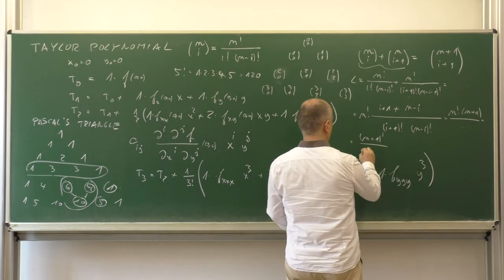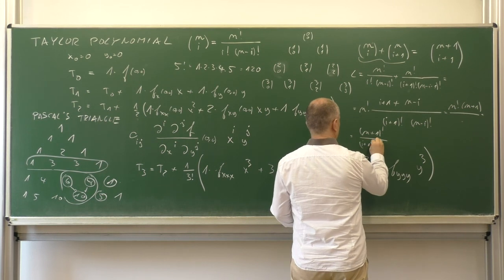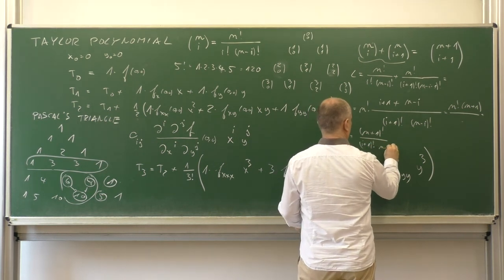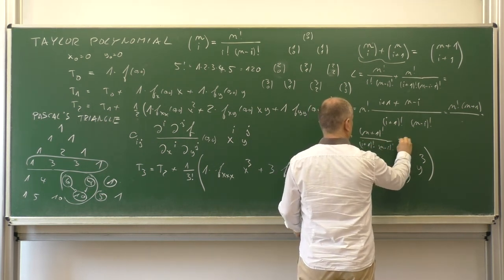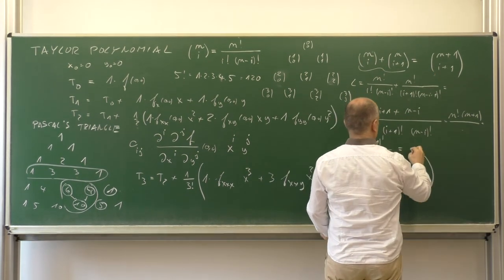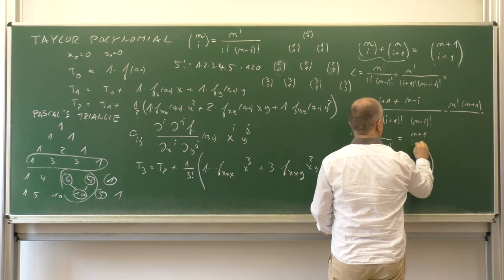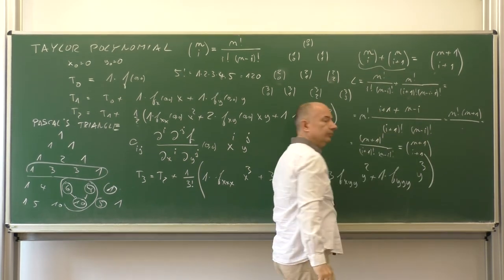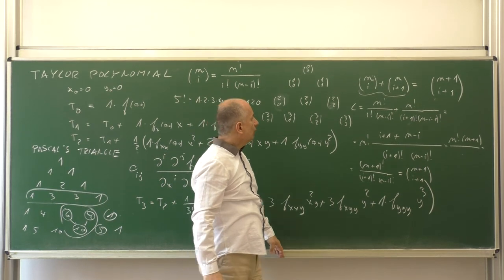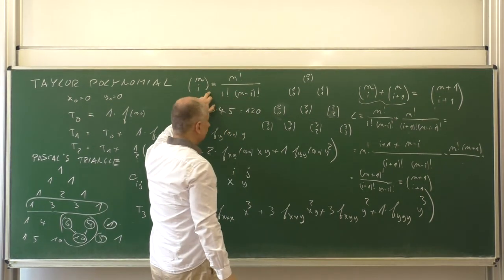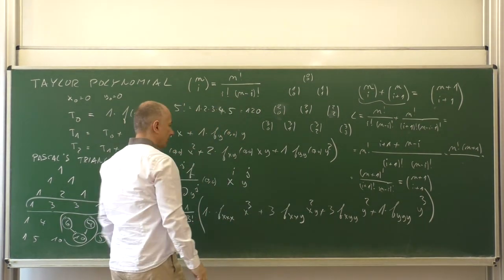And here we have i plus 1 factorial and n minus i factorial, which is exactly this binomial coefficient, n plus 1 above i plus 1. So the binomial coefficients are exactly the entries in the Pascal triangle.